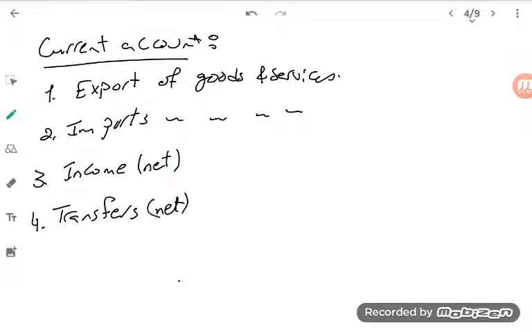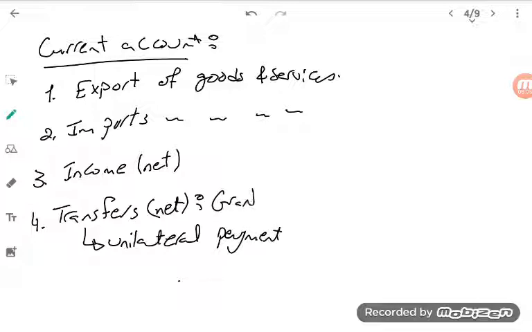Unilateral means unidirectional: you get money and do not give anything in return, such as grants, gifts and donations. So these are the four main components of the current account.